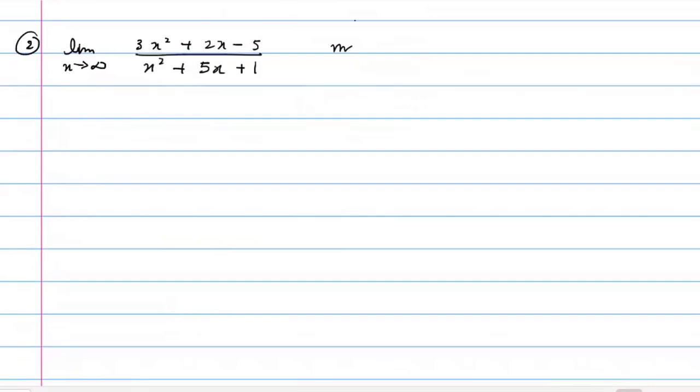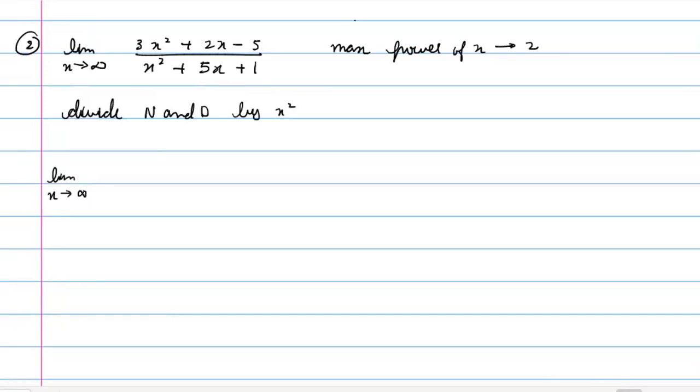Again, the maximum power of x is 2. So therefore, divide numerator and denominator by x squared. So you have 3x squared plus 2x minus 5 upon x squared, and you have x squared plus 5x plus 1 upon x squared.